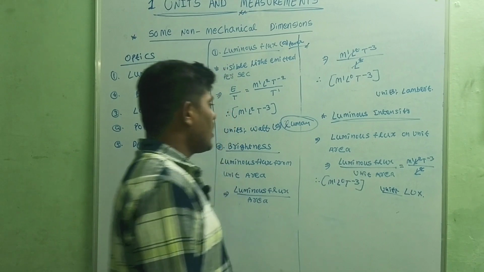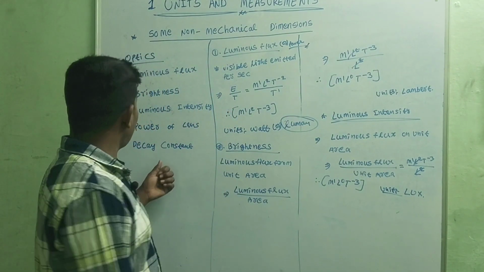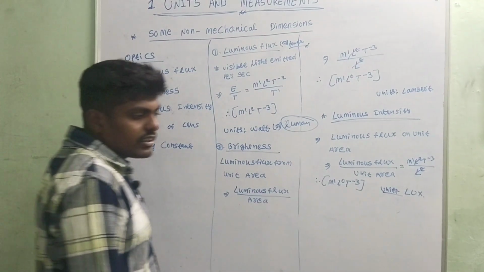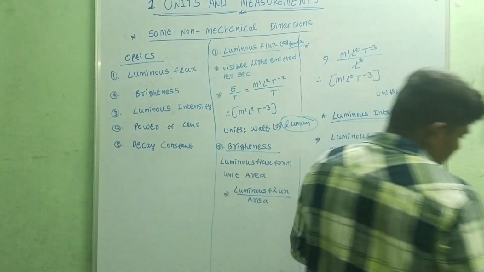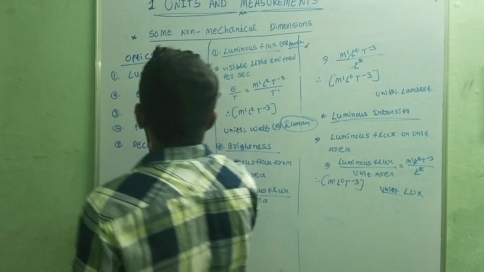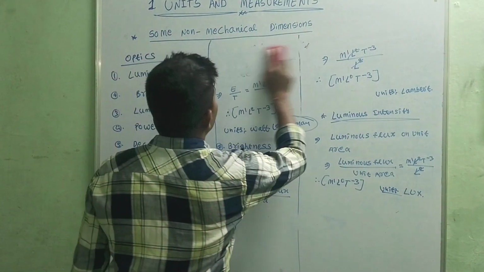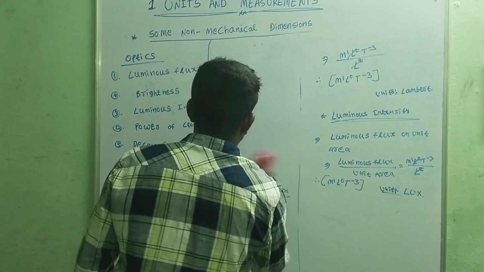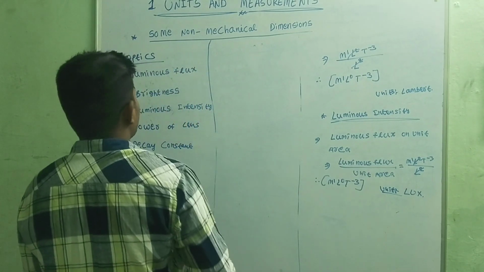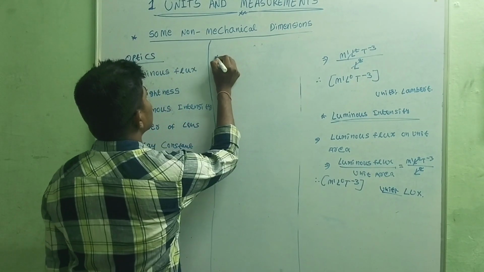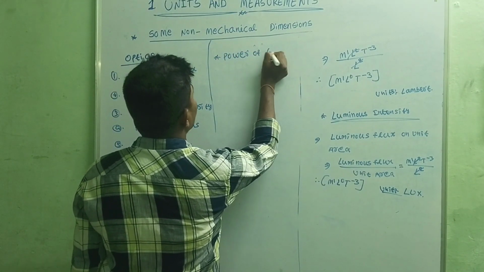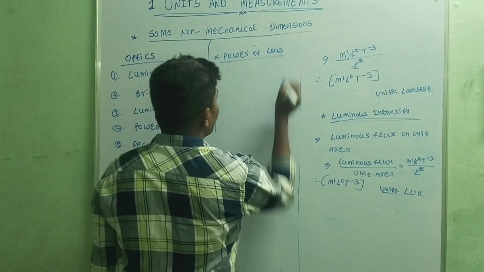Now we can write the dimensions of power of a lens.